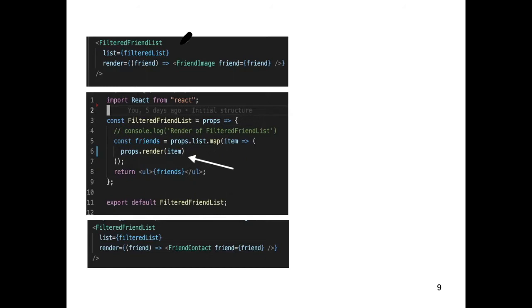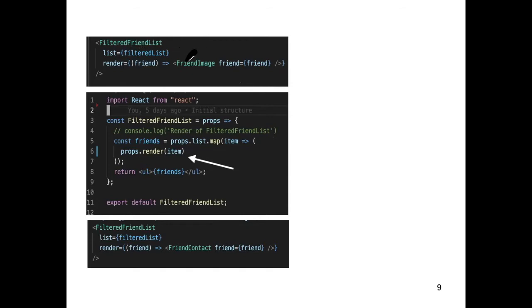So here are some excerpts from the app itself. The one in the middle is showing you the component that is receiving the render prop, and the excerpt on top and the one at the bottom are showing you two examples of using the component that is passed the render prop. So if we take this one, we're passing our component the list of friends, and via the render prop, we're telling it how it should render each of my friends.